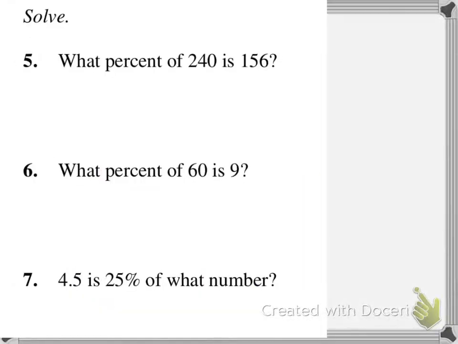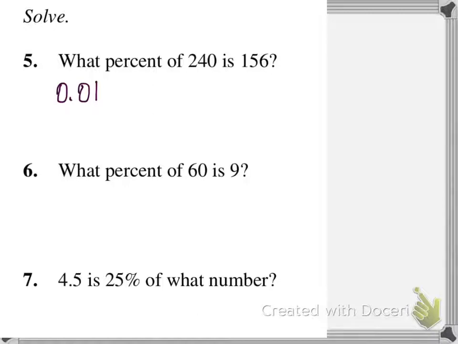So if we look at number 5, there are two different ways to set this problem up. If you're going to do what percent of 240 is 156, since we're looking for the percent, we can translate into an equation, or we can use the percent proportion. If we translate this, "what percent" translates into, and I'm going to use the decimal equivalent, 0.01 of some number.